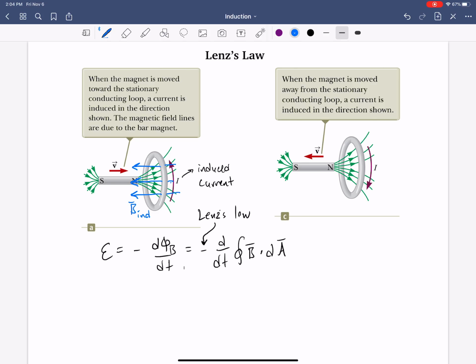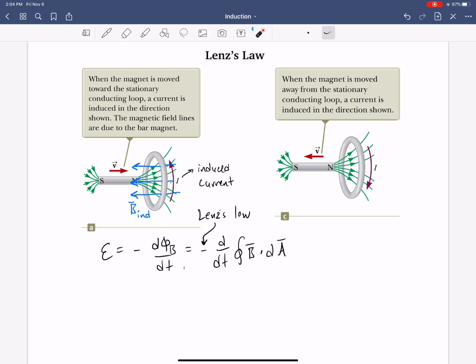And so this acts to try and decrease the magnetic field from the permanent magnet. Right? It won't necessarily cancel it completely out, but it works to try and decrease it. That's why it's in the opposite direction, and that's why there's this negative sign right there.